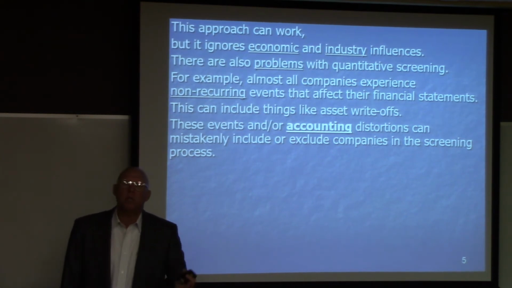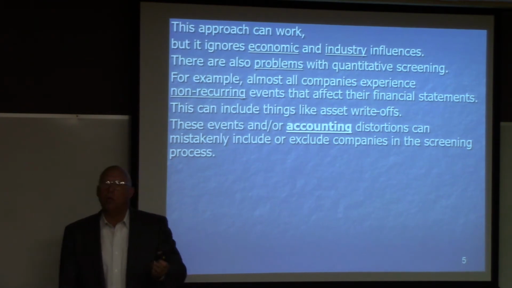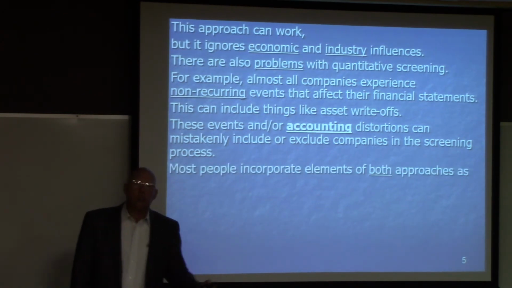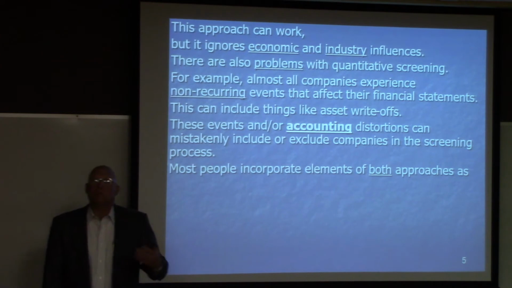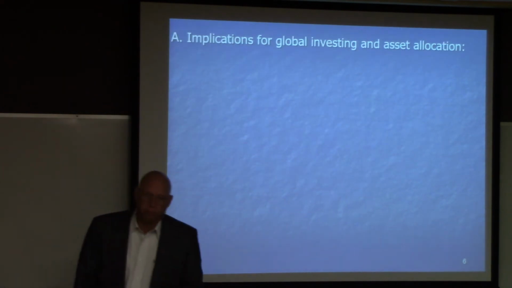There may be one-time events that will either cause companies or stocks to be included when they really shouldn't be, or excluded when they really shouldn't be excluded. Most people incorporate elements of both approaches, top-down and bottom-up, as they search for investment opportunities.